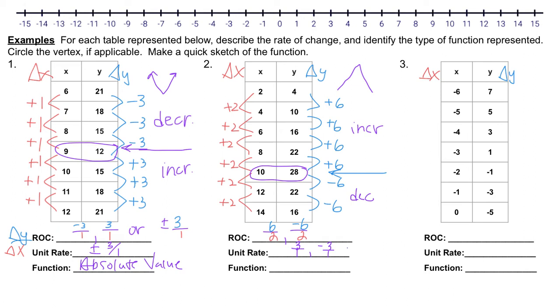Remember, you can also write that in this shorthand way with the plus or minus symbol, 3/1. Unit rate has to be over 1. And of course, because there's these two sections with the turning point with the constant rate of change, with two constant rates of change, I know this is absolute value.